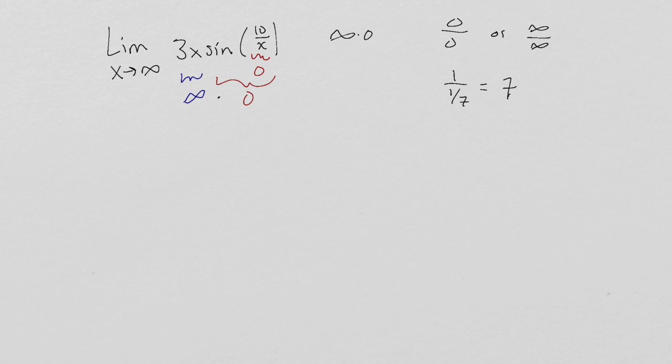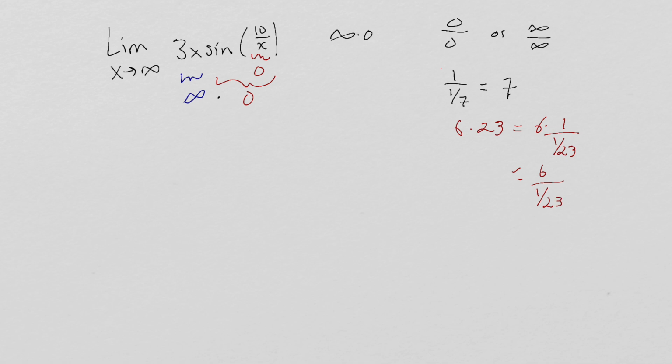For example, say that I had 6 times 23, I could write that as 6 times 1 over 1 over 23, which I could also write as 6 over 1 over 23.